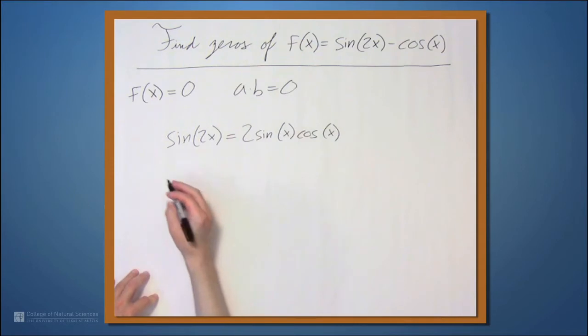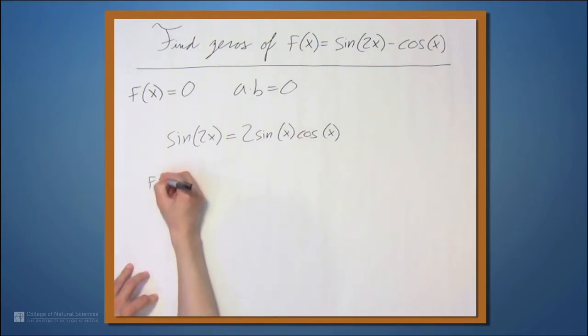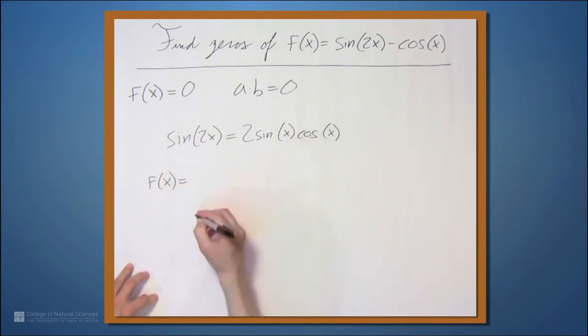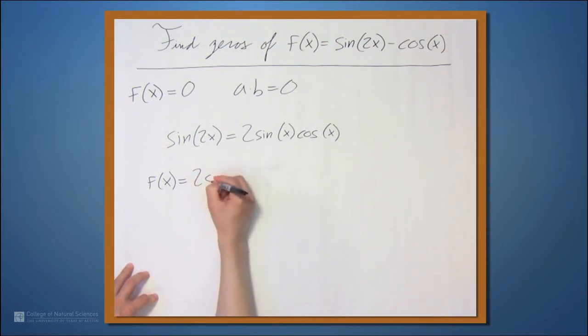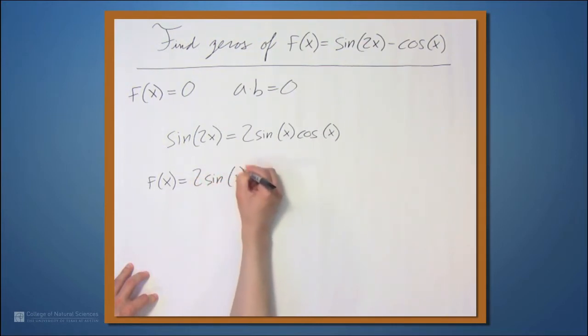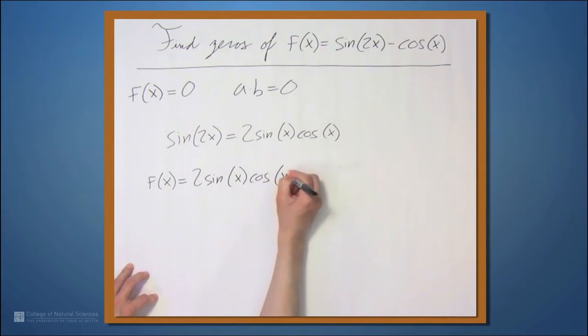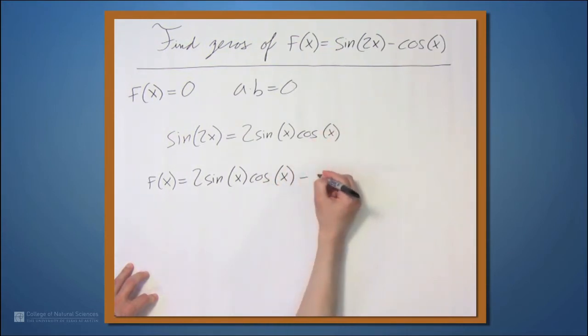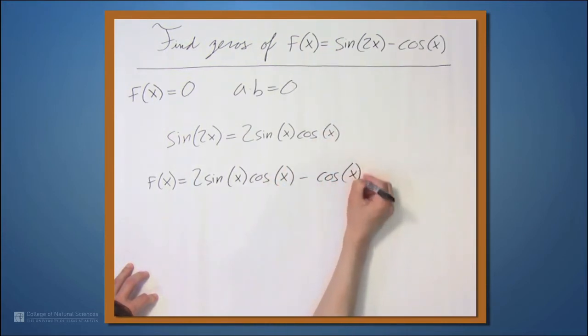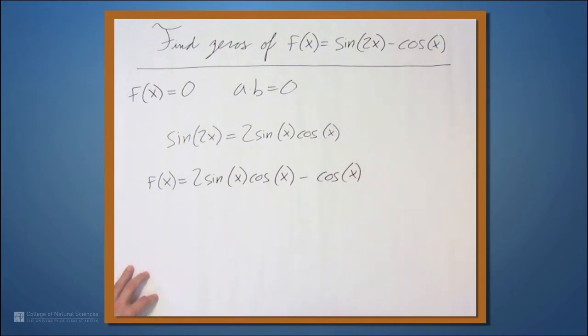So we can rewrite f. So f of x, instead of sine 2x, we have 2 sine x cosine x, and then minus the original cosine x. We now have two terms with a cosine, so we can factor that out.